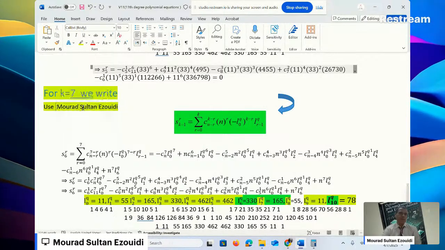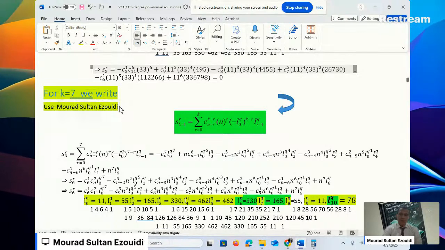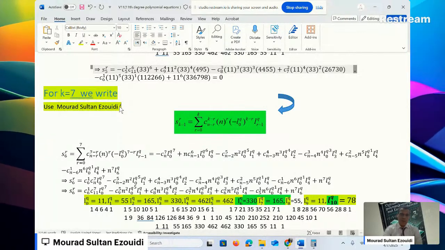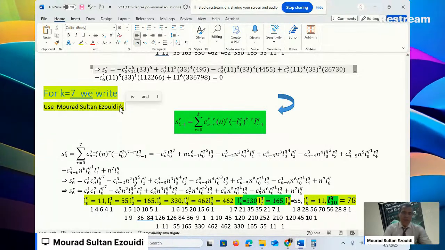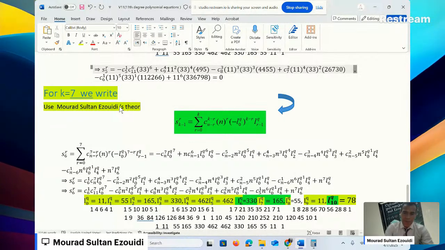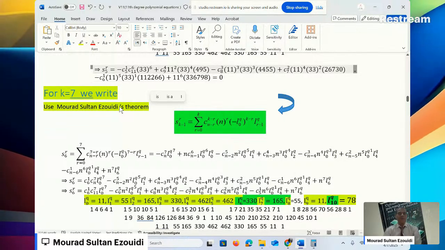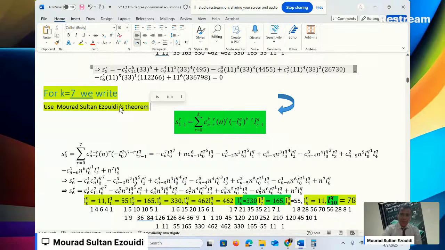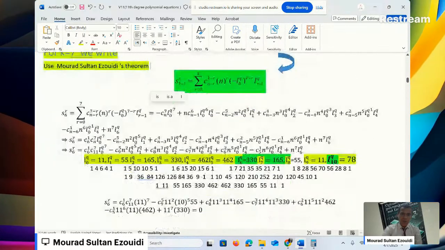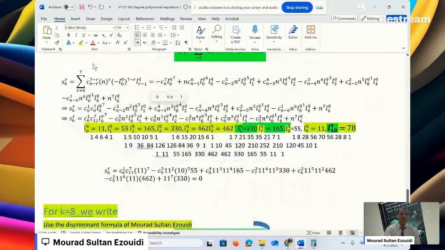So we continue. We want to find a 6 with k equals 7, and we will find the last one.